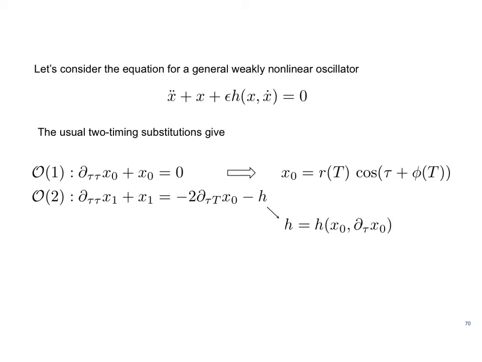Reminding the definition of h, which depends on x naught and the partial derivative of x naught, we just need to replace this in here. This is going to be the same, and here we just do the derivation, and this is what is obtained.